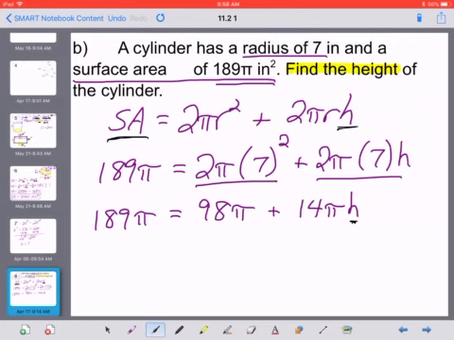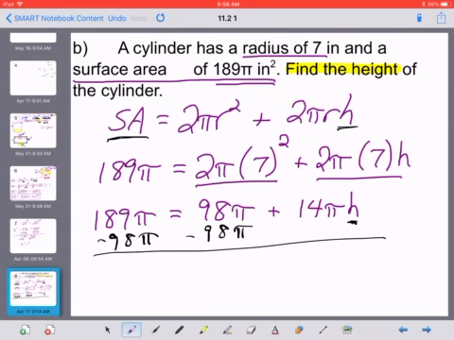This is the one right here, the variable that we're looking for. So we want to isolate this term by subtracting that 98 pi from each side. Okay, so let's see where that's going to get us then. A 189 pi minus a 98 pi, I believe, is going to give us a 91 pi here on the left. Those 2 terms are gone, and we're left with a 14 pi times h.